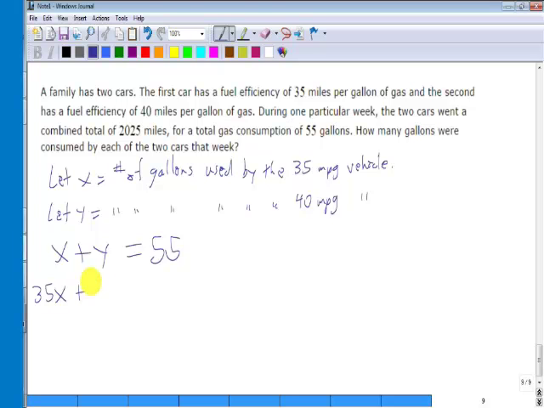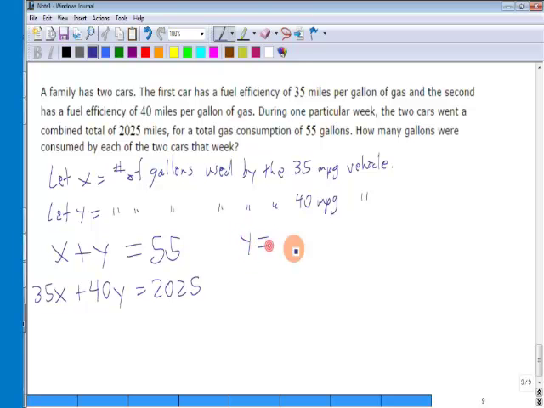If we get 40 miles to the gallon and we consume Y gallons, that tells us how many miles we go. So that's the total of 2,025 miles. The setup is not a whole lot different from the previous one. Instead of elimination like we did in the previous example, which would work beautifully here, let's use the substitution method, which hopefully will work equally beautifully.